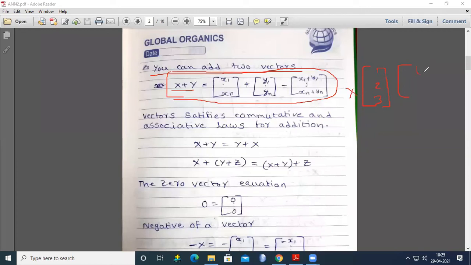And y is, for example, 4, 5, 6. So addition is 1 plus 4, 2 plus 5, 3 plus 6.